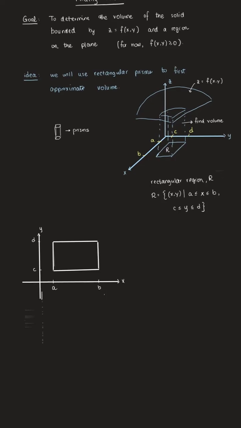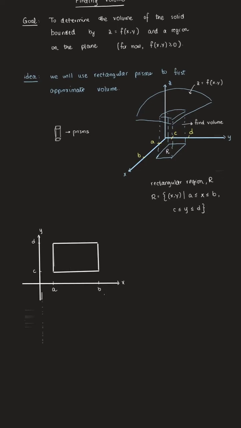And the first thing we're going to do is we're going to partition our region. That will be our first step. We will then order the pieces in some way, but we're going to sample a point within each partition.